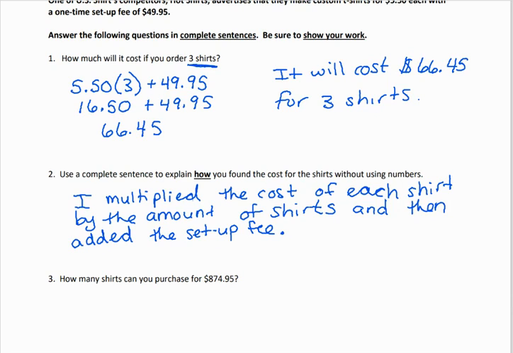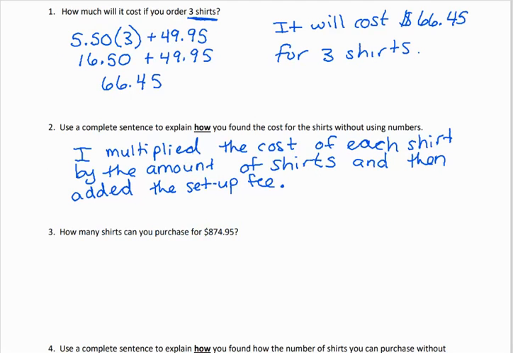All right, number 3 now says, how many shirts can we buy with $874.95? So we're going to do the opposite, right? This time around, we know each shirt is $5.50, but we don't know how many shirts. So X goes there instead of a 3.